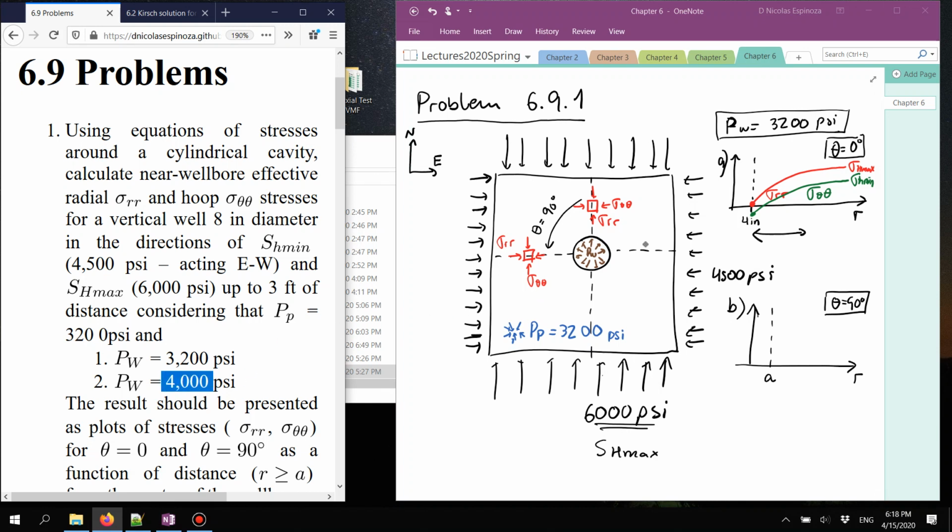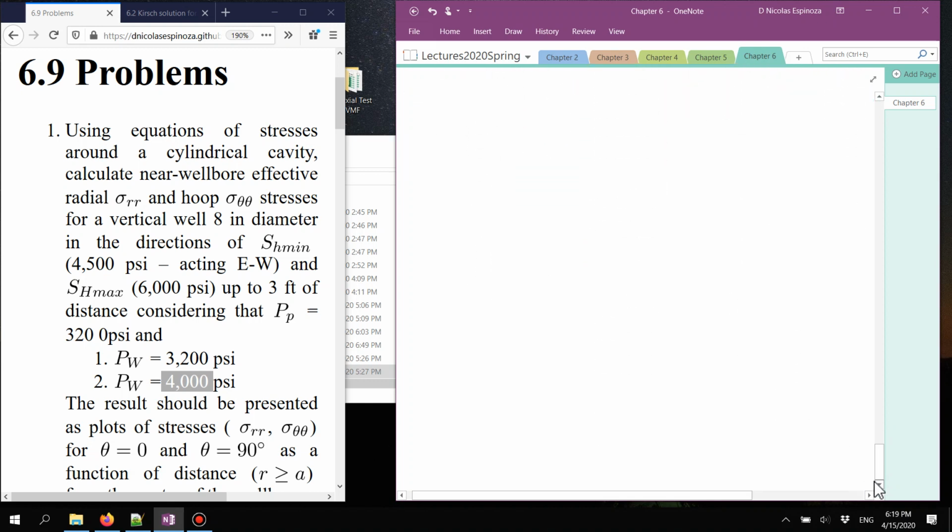And for this one, you need to use the full Kirsch equation. Let's continue and talk about problem 692. Problem 692 is a continuation of the problems which are already solved in the notes.